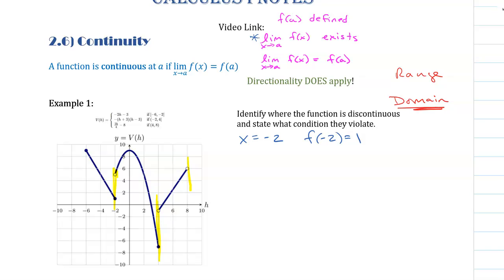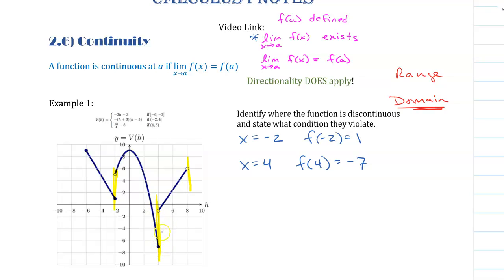Okay? Same thing where x equals -4, pardon me. The f of -4 does exist, and that is -7, but the limit as x approaches -4 does not exist because our limit from the left and our limit from the right do not agree.